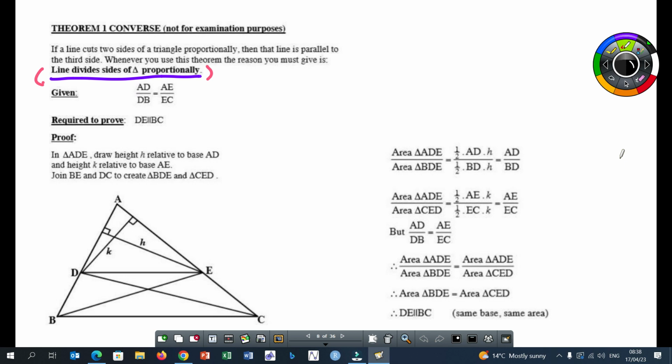You only need the converse if you are asked to prove that two lines are parallel. The proof is not examinable, so I'm not going to talk about it. You just have to know the statement of the converse and the reason, and you use it when you want to prove that two lines are parallel.